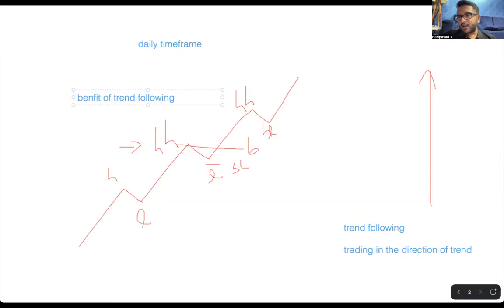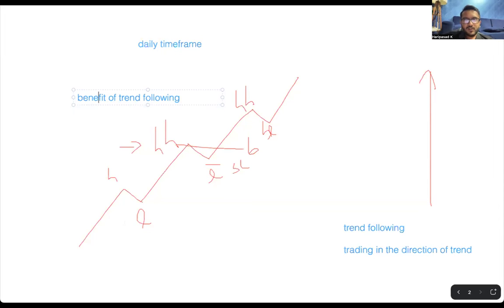So what do you think is basically the benefit of trend following?